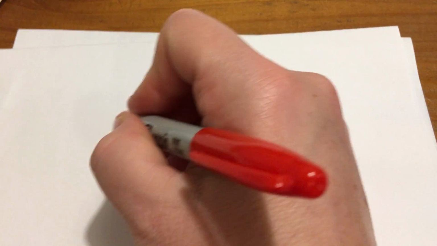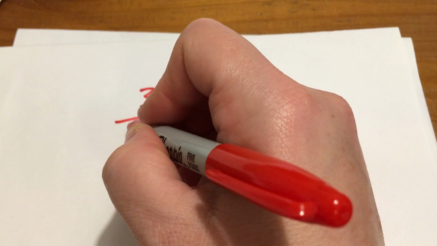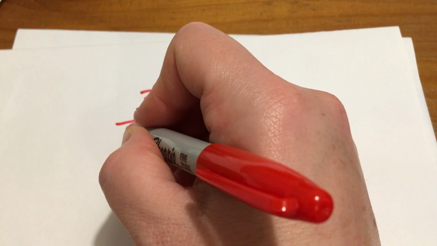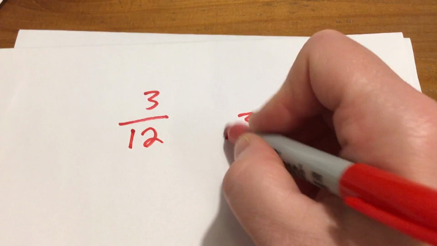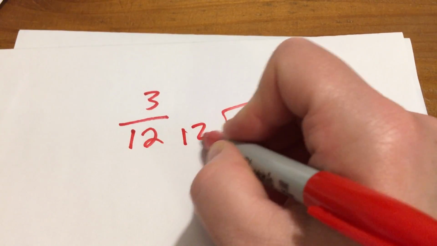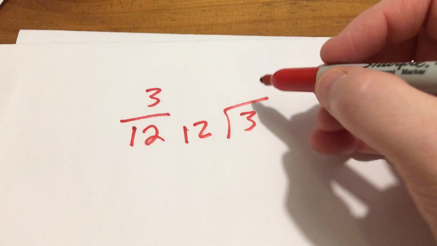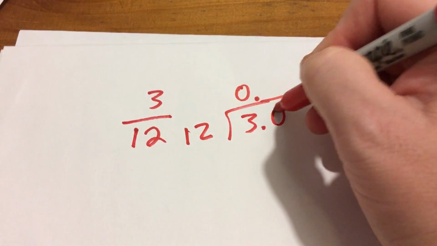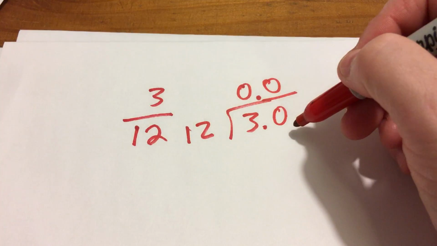So, let's do the whole process. Let's go 3 divided by 12. Okay? So we have 3 divided by 12. Can 12 go into 3? No. Add our decimals. Add a 0. Can 12 go into 30?